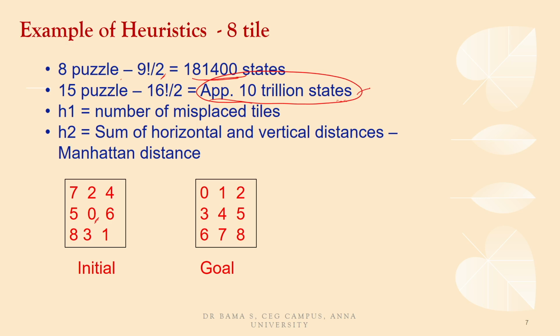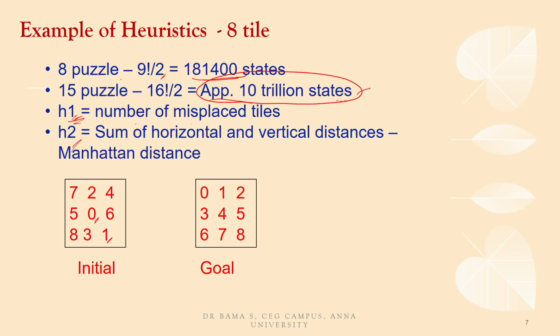Again, in our book, there are 2 types of heuristics that are mentioned. One is the number of misplaced tiles, which is represented as h1. Another one is h2, which is the sum of horizontal and vertical distances, otherwise called the Manhattan distance. So, we will see an example of both.